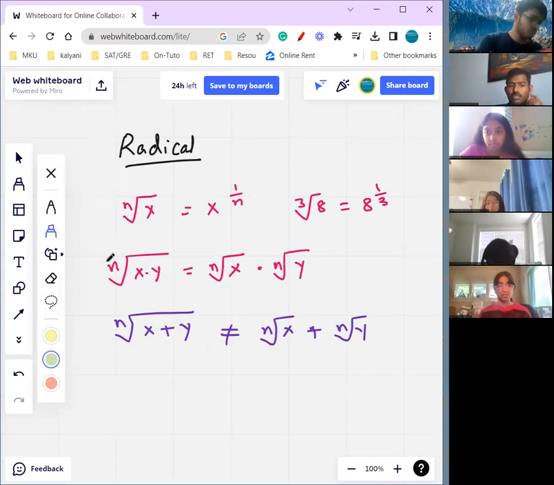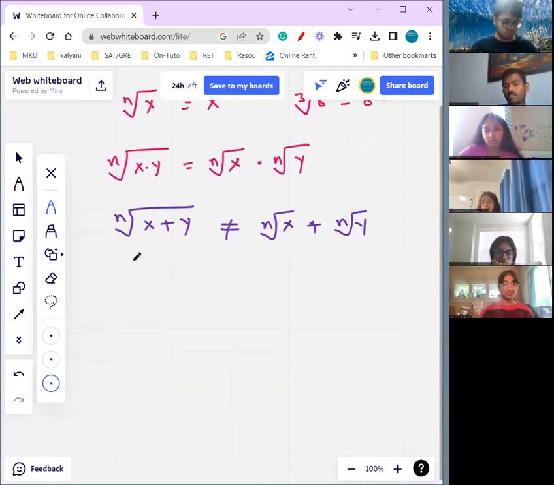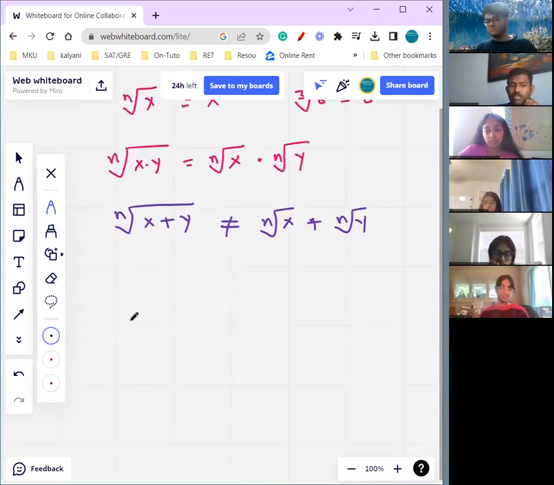Okay, that's good. So these are the main important rules that we need to understand in radicals. But obviously, simplifying radicals is another one we need to know. I want you guys to get your papers.